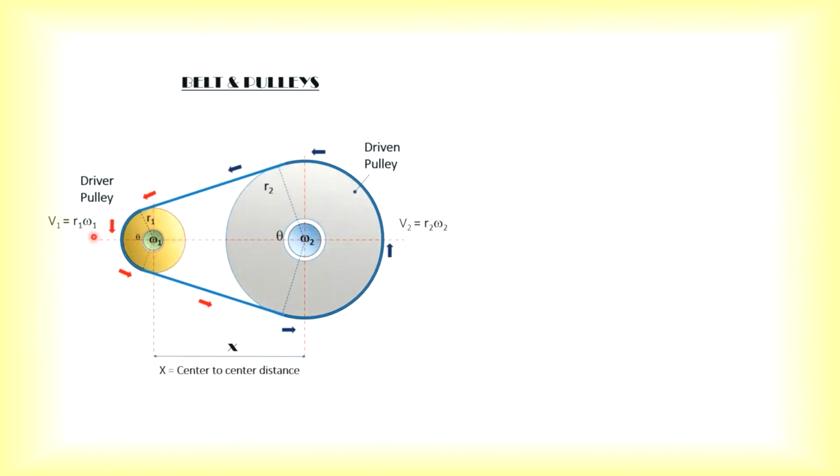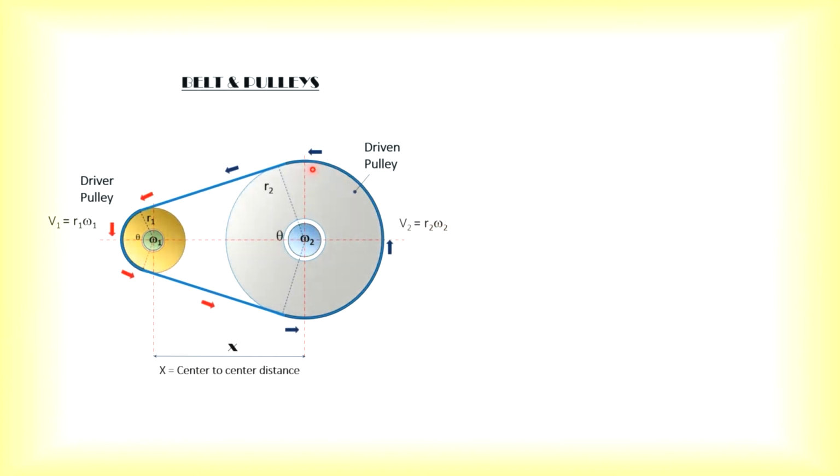Based on pulley 1, the driver pulley, we have a tangential speed of R omega, which is R1 omega 1. And for the driven pulley, we have a tangential speed of R2 omega 2.